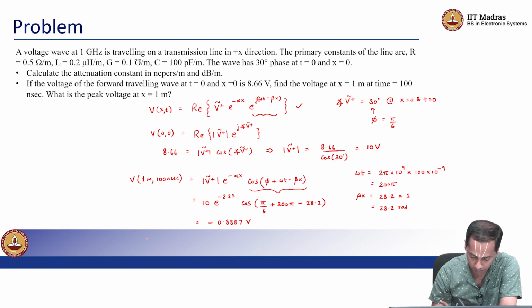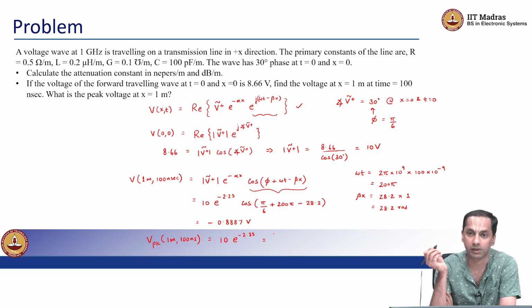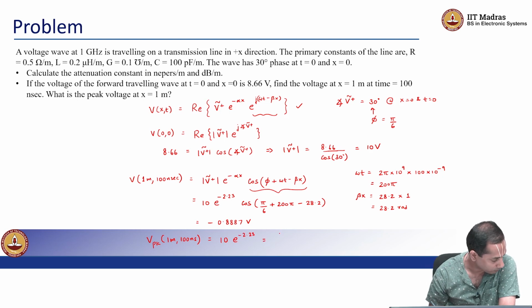So, if I wanted to just know the V peak at 1 meter, all I have to do is just 10 e to the minus 2.23, right, because the cosine term is just 1 and that happens to be 1.075 volts.